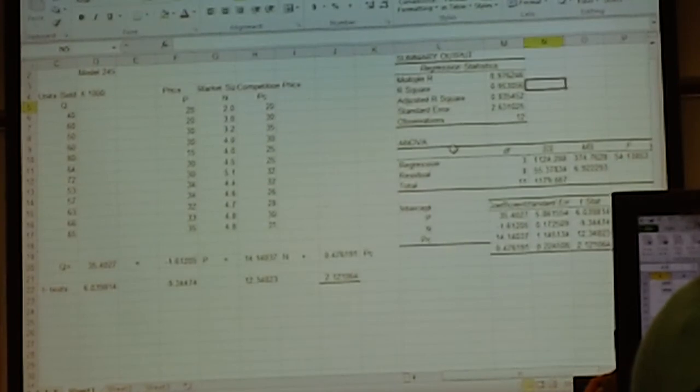The way you interpret that, it says that this model, these three variables, your price, the market size, and your competitor's price, will explain 93.5% of Q. It gives you a 93.5% explanation of the changes in Q. That's a pretty good percentage. When you get that much explanation from only three variables, that's good enough.